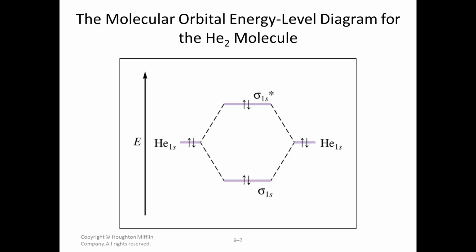So helium does not form a diatomic because that would require us to place 2 electrons into an antibonding orbital, which would give us no net energy gain compared to having 2 separate helium atoms.